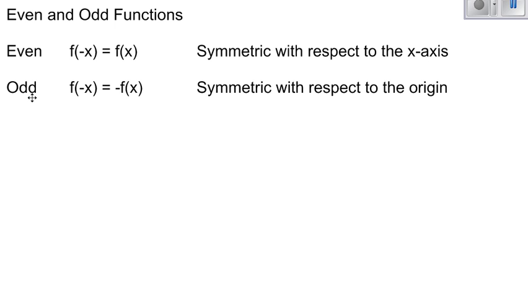An odd function, when you plug in negative x, the negative gets pulled out to the front. So f of negative x equals negative f of x, which would also mean that it's symmetric with respect to the origin, or a rotational symmetry. So all you need to do is plug in negative x and see what you get, basically.